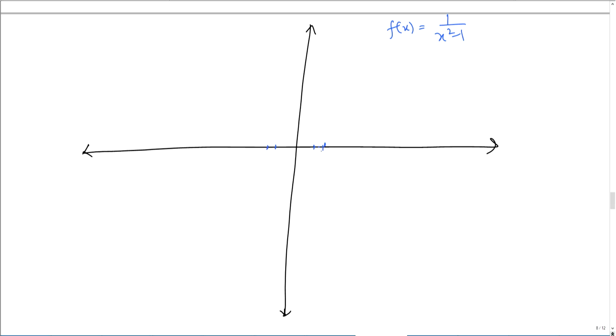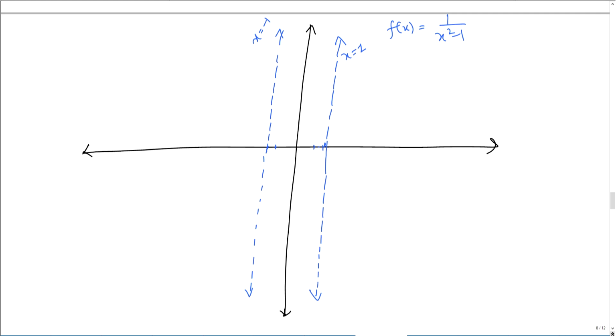Okay, so let's say x equals 1 is here. This is x equals 1. Let's say this is x equals minus 1. Okay, let's draw the other values.